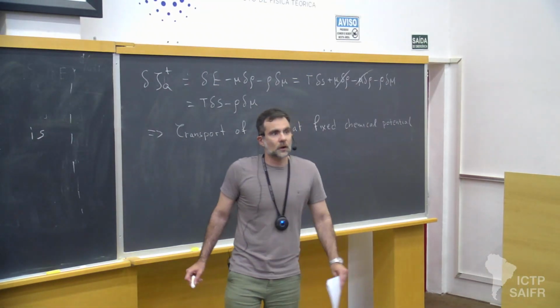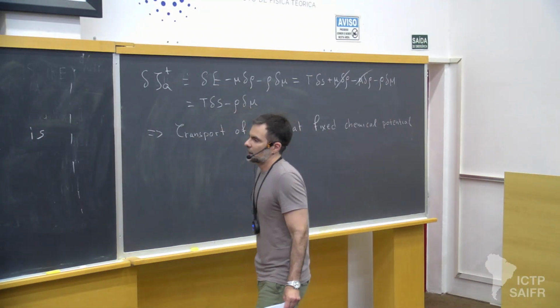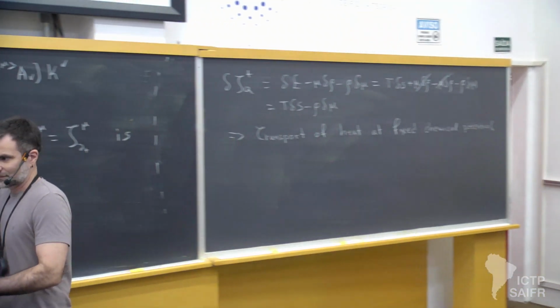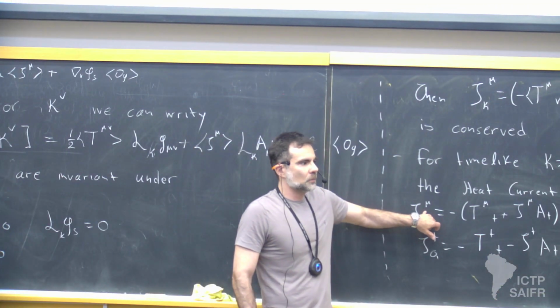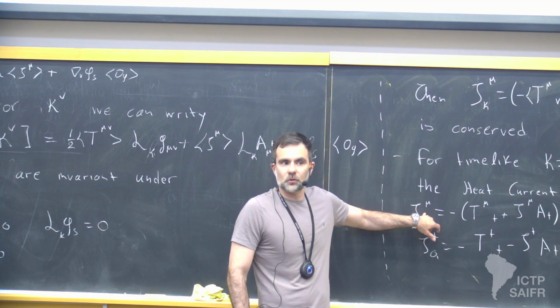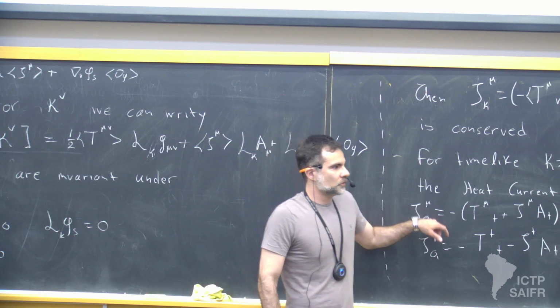So from the holographic point of view, the quantity that I should be interested in is really the spatial components of this vector, correlation functions of the spatial components of this operator.